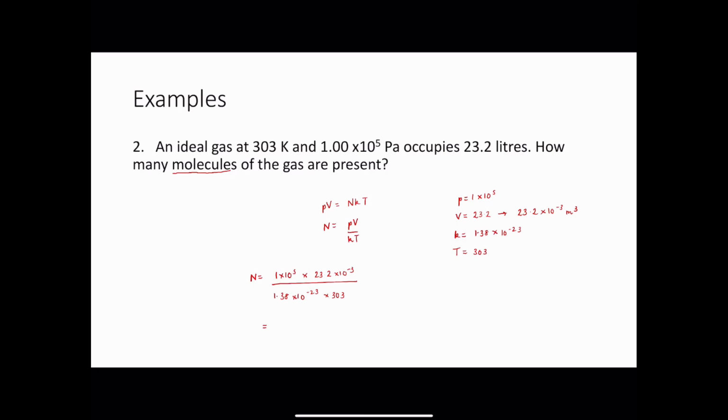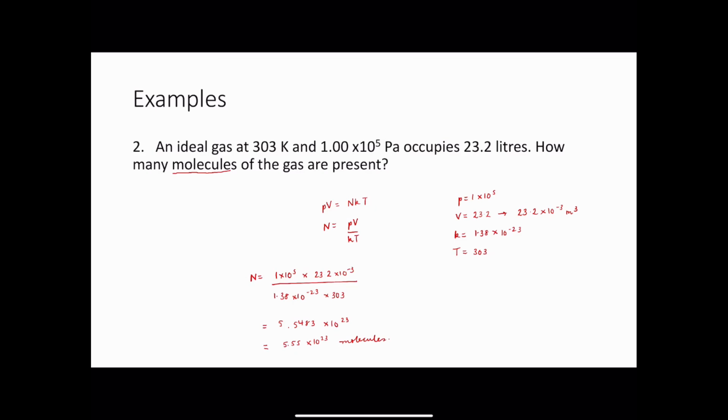I end up with 5.5483 times 10 to the 23, which if I put into appropriate number of significant figures, which again is 3 sig figs for this question, 5.55 times 10 to 23 molecules.